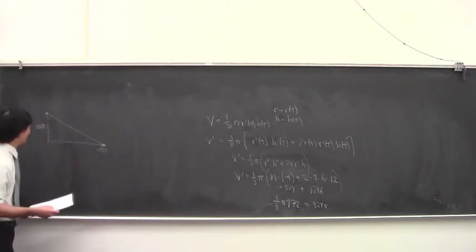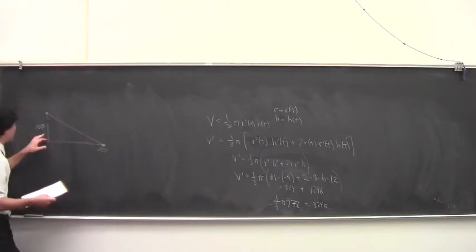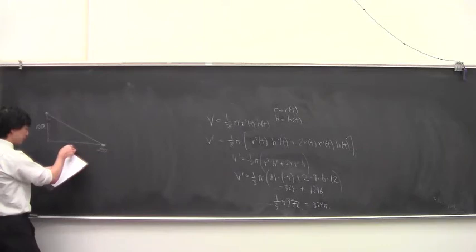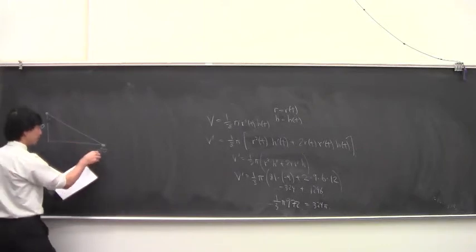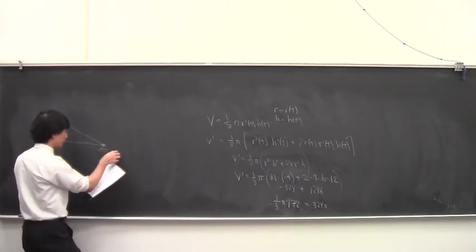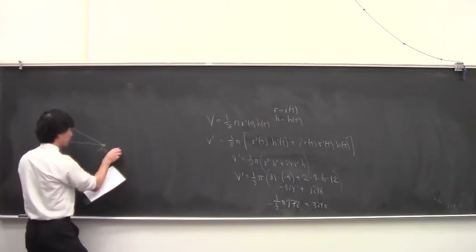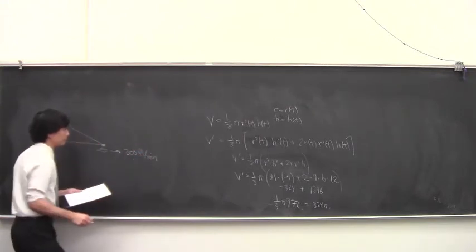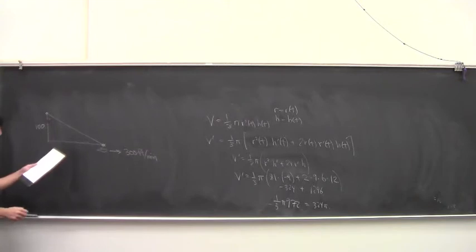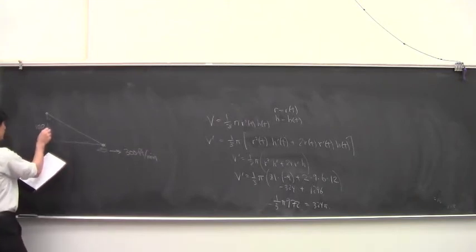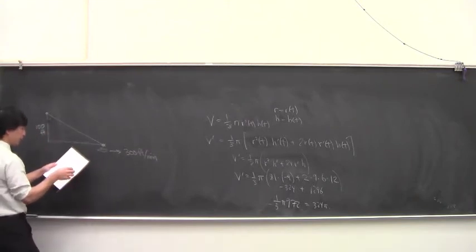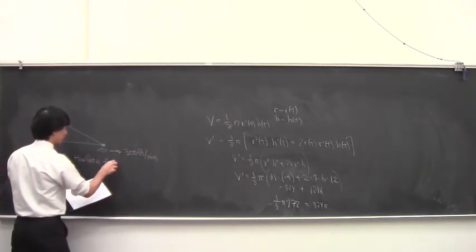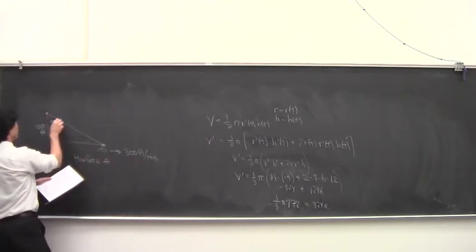In any case, however you want to think about it, the boat or the people fleeing are traveling at a constant speed of 300 feet per minute. The tower is 100 feet tall, and you want to know how fast theta is changing. So how fast is this angle changing?